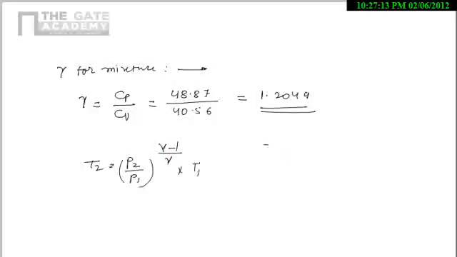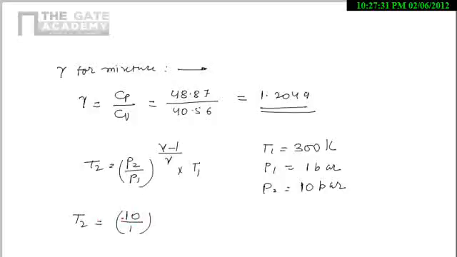In this problem, T1 is given 300 Kelvin, P1 is 1 bar, and P2 is 10. Now plugging in the values, 10 by 1 to the power (1.2049 minus 1) divided by 1.2049, into T1, which is 300.